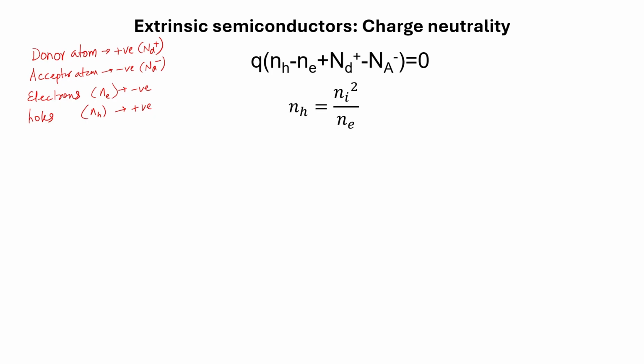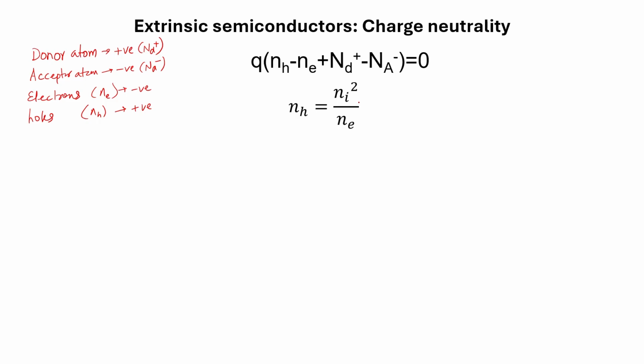So, when it is in a state of equilibrium, we can write this charge neutrality equation, that is Q multiplied by all the positive charges minus all the negative charges must be equal to 0, which means net charge must be equal to 0. So, Nh minus Ne plus Nd plus minus Na minus should always be equal to 0 multiplied by Q, and we can also write that Ne dot Nh must be equal to Ni square.